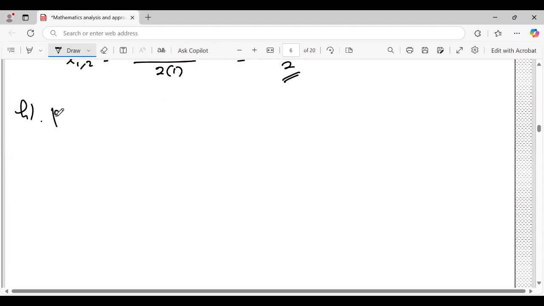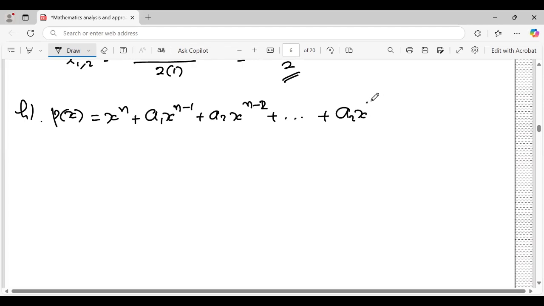Part (h): So the equation is p(x) equals x power n plus a(n minus 1) x power n minus 1 plus a(n minus 2) x power n minus 2, and so on, plus a2 x squared plus a1 x plus a0 equals 0.